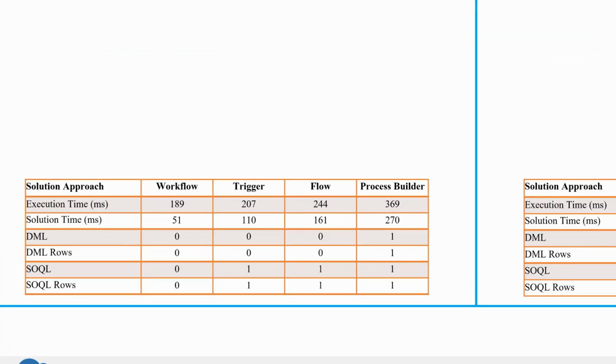Like we have seen before, a workflow is consuming just 189 total time of execution, whereas a process builder, in my scenario when I executed it before, was consuming around 369. And if you just consider the solution time, that is the time taken to just execute the field update, for a workflow it is 51, but for a process builder it is 270, which is really high compared to the workflow.